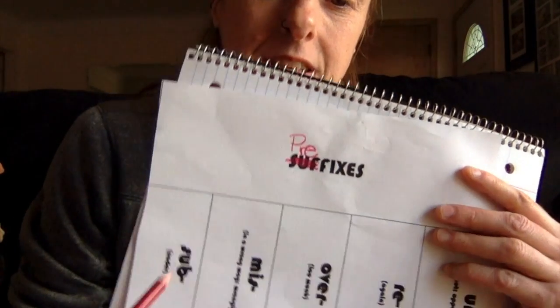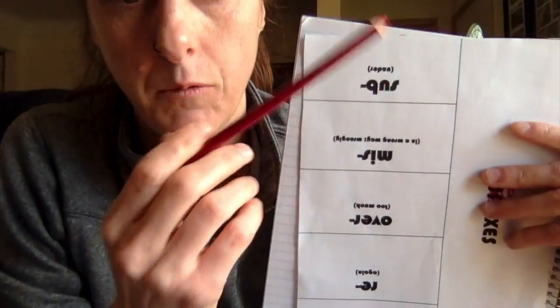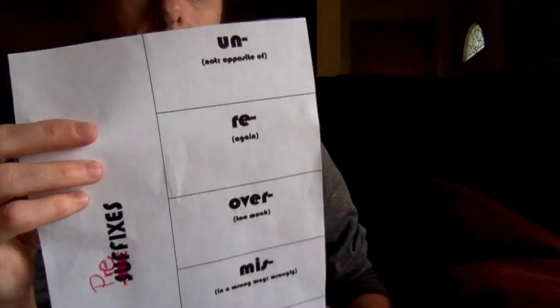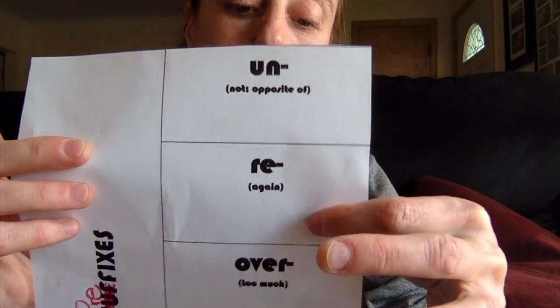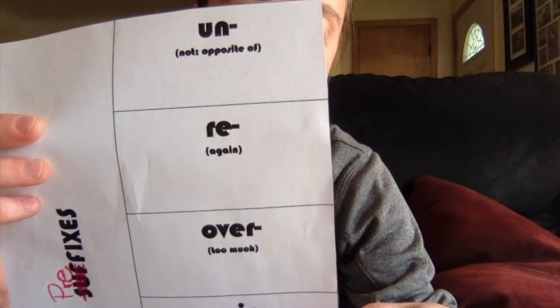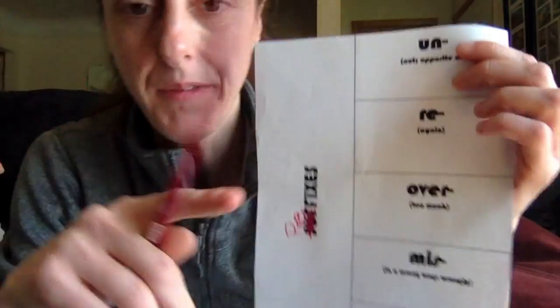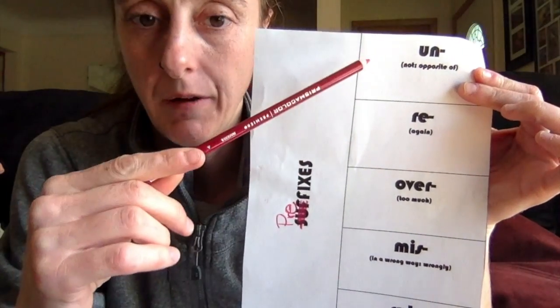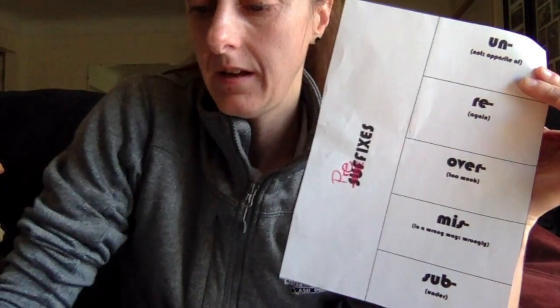Okay, so that's pretty easy. Change that from suffix to prefix, because these are prefixes. The prefixes that we are looking at, upside down here, are un, re, over, miss, and sub. I'm sure we're going to do an activity with these.